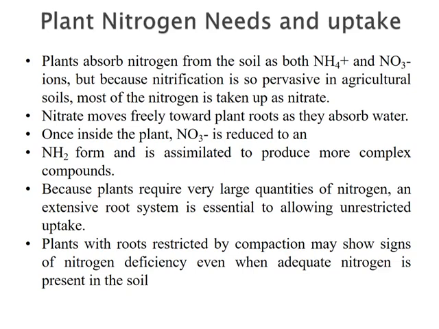Once inside the plant, nitrate is reduced to an NH2 form and is assimilated to produce more complex compounds. Because plants require very large quantities of nitrogen, an extensive root system is essential to allow unrestricted uptake of nitrogen. Plants with roots restricted by compaction may show signs of nitrogen deficiency even when adequate nitrogen is present in the soil.